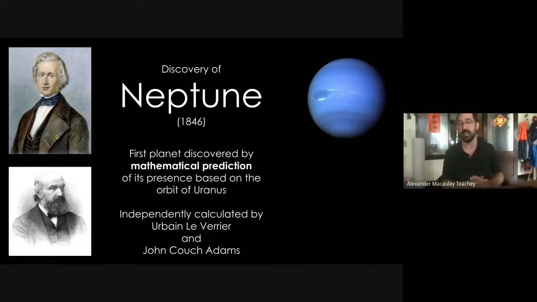Maybe you've heard about Planet 9, but Planet 9 is a hypothetical planet that has been predicted to exist very, very far out in the outer solar system. And the scientists working on that, again, have been using mathematics to try to understand where this object might be in the sky, if it's really there. And now, of course, mathematics is a huge part of the work that we do as astronomers. And prediction, of course, is very important in science.